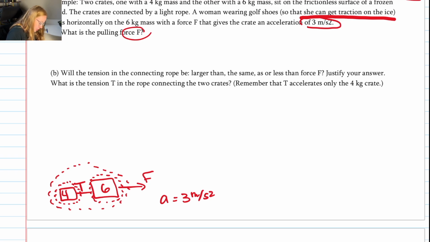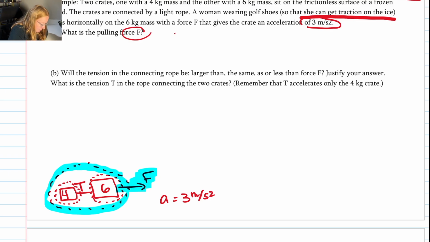So if we circle both objects, 4 and 6, you'll notice that the only force coming out of it is that pulling force. The tension is inside that system, and we only want to focus on the forces coming out of that boundary or coming into that boundary. So the only thing crossing the boundary of both objects is that pulling force.